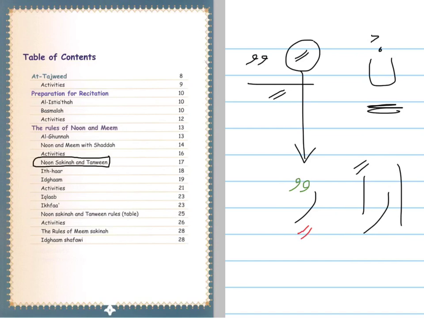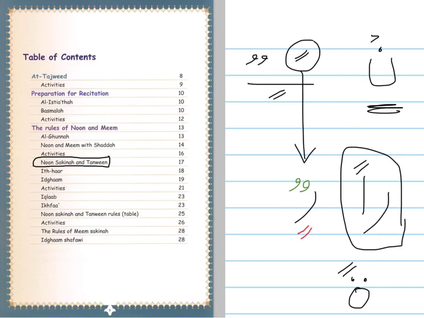That's why you always see the two fathas of tanween sitting on the alif. The only time when it can sit on a letter is if it's a ta marbuta, a letter that looks a bit like this. That's the only letter where the two fathas of tanween are allowed to sit on the letter. Otherwise, you always have to write an alif.